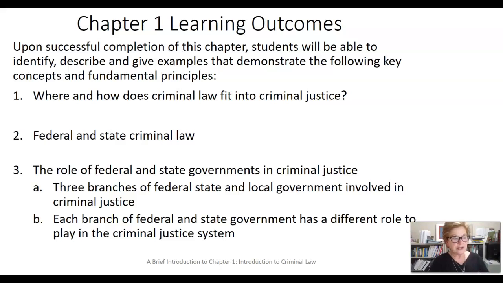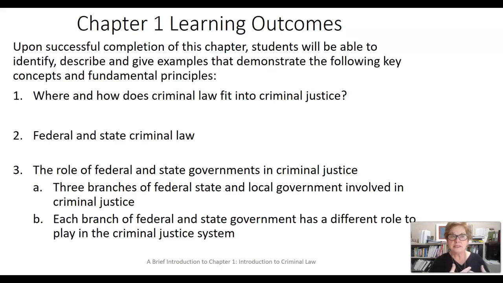The executive branch, their job is not to make the law. That's the legislative branch's job. The executive branch, working under the President of the United States in our federal system, under the governor in the states and our state system, the executive branch function is to enforce the law.